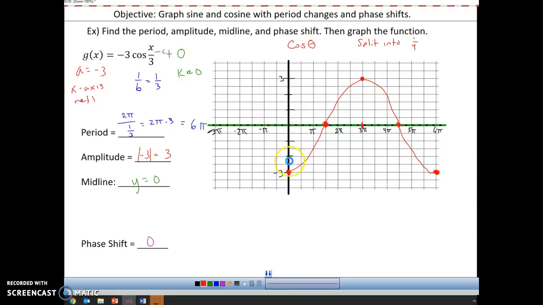And going in the other direction, about every 1.5 pi I have a point, and I'm going to have a maximum here at 3 pi, with a y value of 3. So there is our graph: g of x equals negative 3 cosine of x over 3.